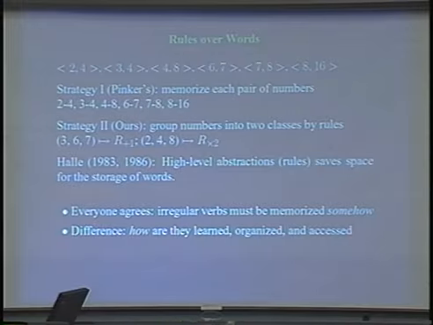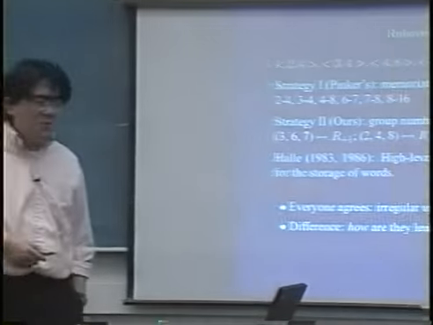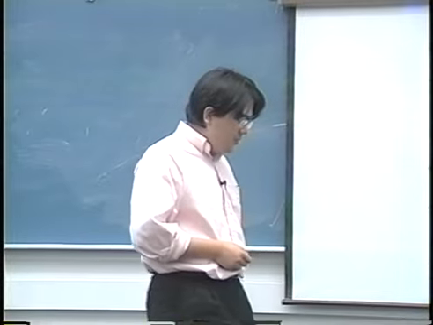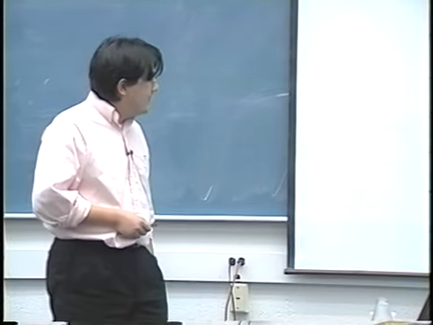But if there's any redundancy, a rule can apply to more than one thing, so you achieve some level of efficiency. Although I probably wouldn't go as far as Morris would, coming up with 10 iterative rules to get all the words right. But the basic idea, I think, is clear.